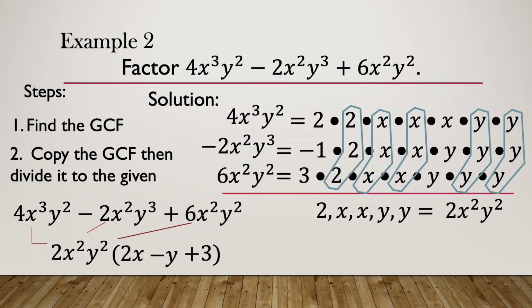So our factored form for the polynomial 4x cubed y squared minus 2x squared y cubed plus 6x squared y squared is 2x squared y squared times the quantity 2x minus y plus 3.